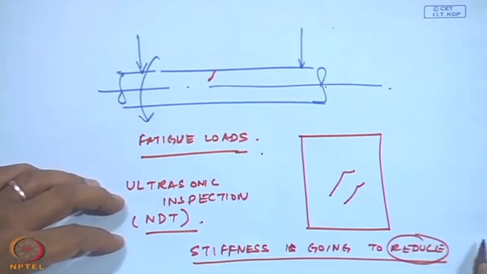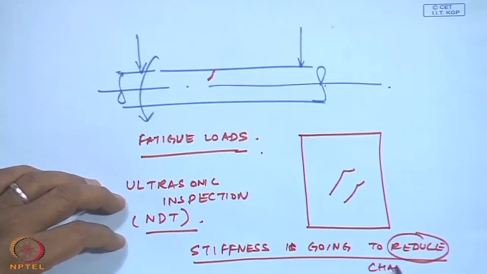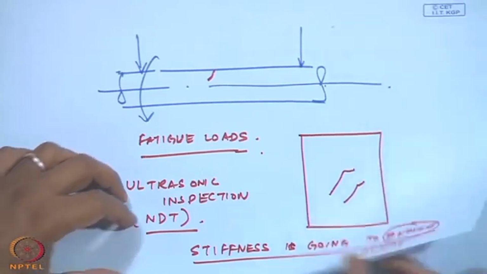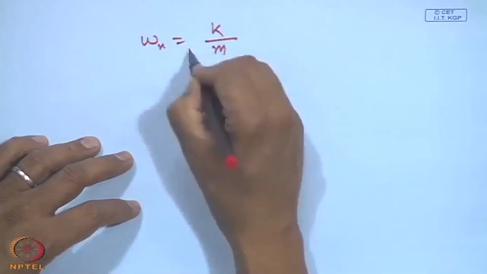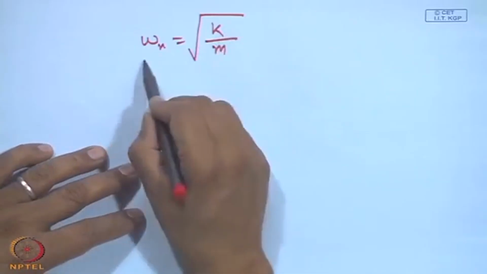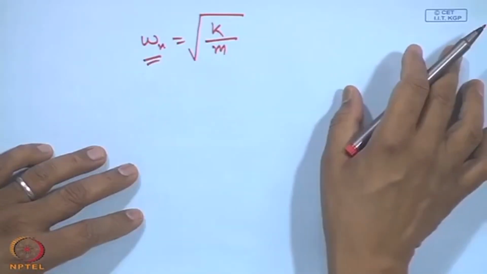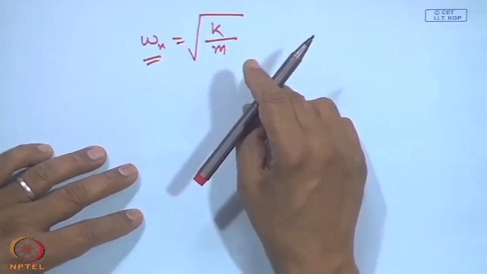Reduce is a pretty strong word, I would say stiffness is going to change if a crack has occurred in a system. And you will recall the natural frequency of any system is root over k by m. So, if there is a change in the stiffness, obviously there is a change in the natural frequency. So, there are methods where, by doing eigenvalue analysis of a system, we can find out the change in natural frequency and then say maybe a crack has occurred.